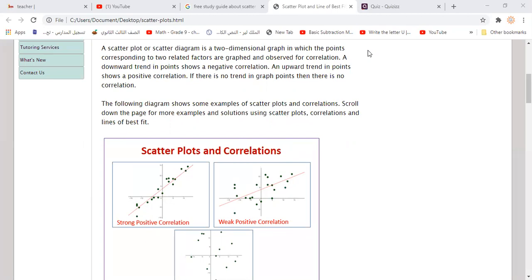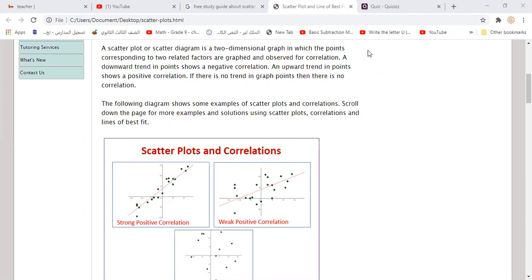So we divide the correlation into three parts: positive correlation, negative correlation, and no correlation, right? And how will we know that this one is positive and this one is negative?